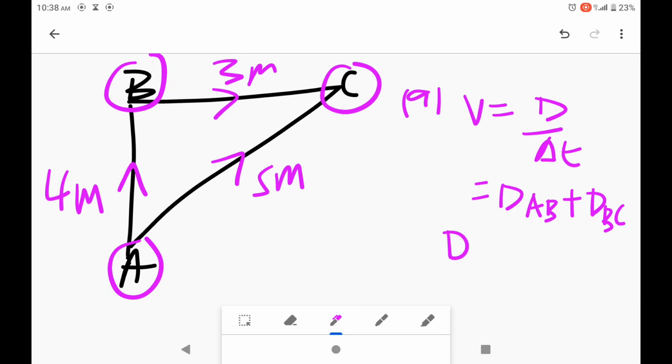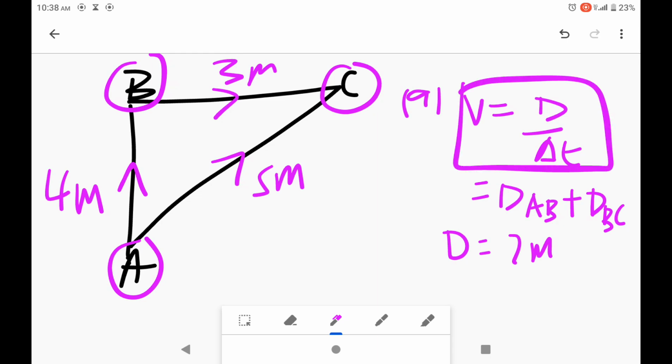Then once you find your distance, you will have to go back to the formula for speed, which is v equals d over change in time. So there's no space, so let me just continue.